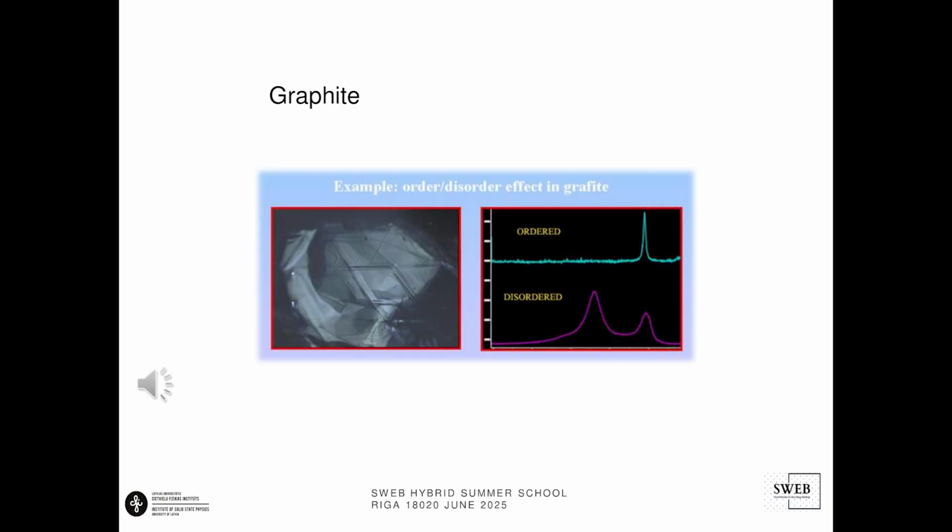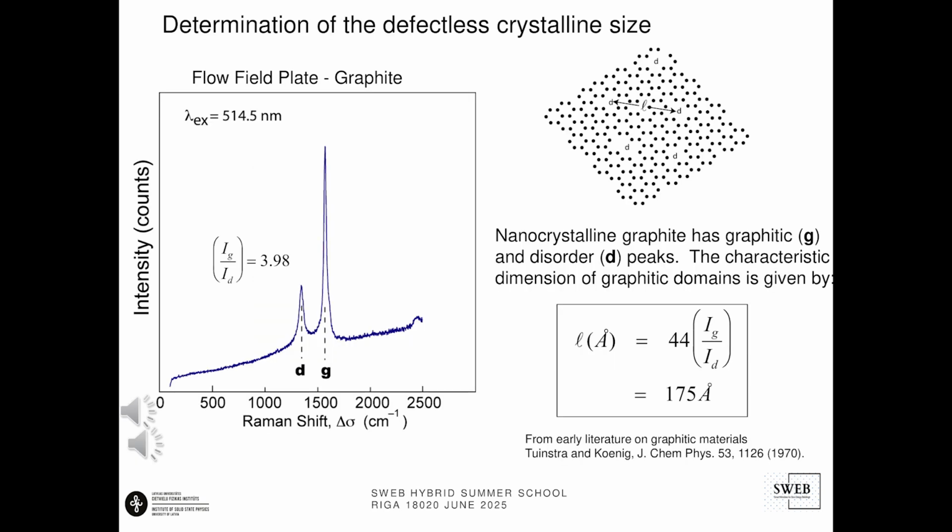Here you see the Raman spectrum of a good graphite crystal. The second Raman spectrum is for graphite with crystal lattice defects. The intensity of band D depends on the concentration of defects in the crystal lattice. As the defect concentration increases, the size of the non-defective areas decreases.